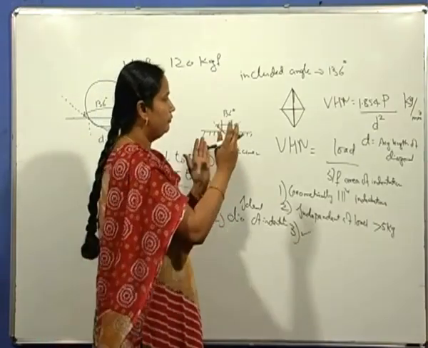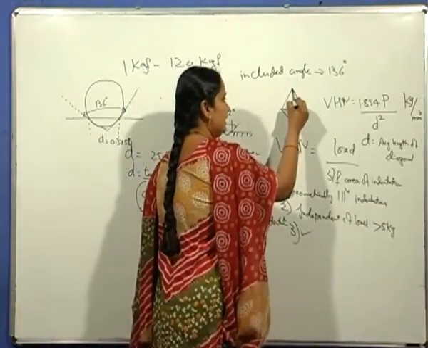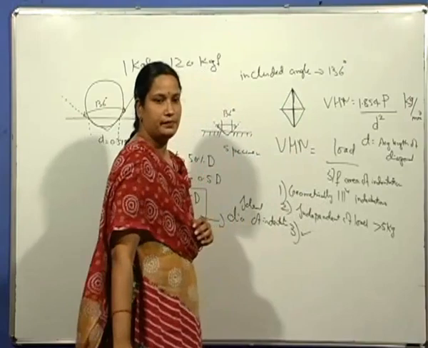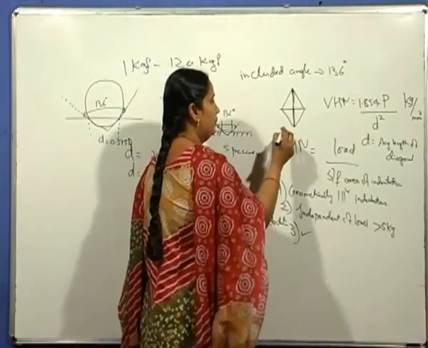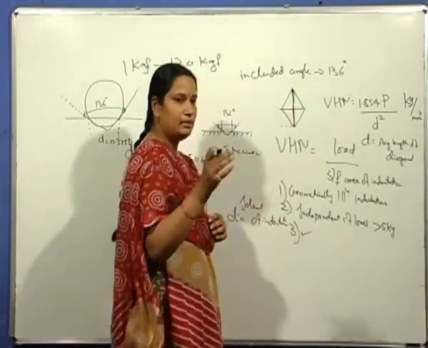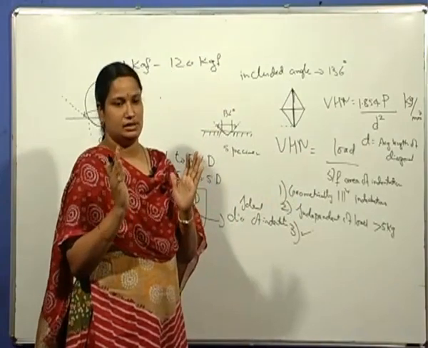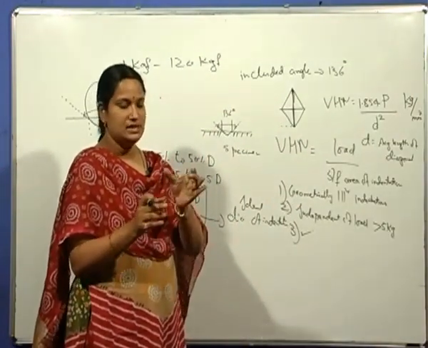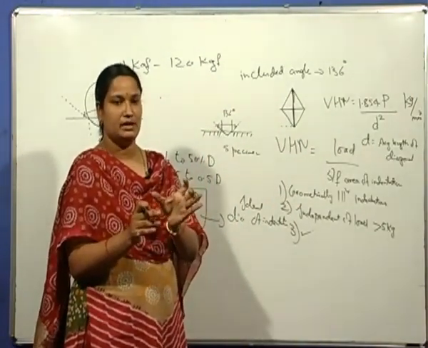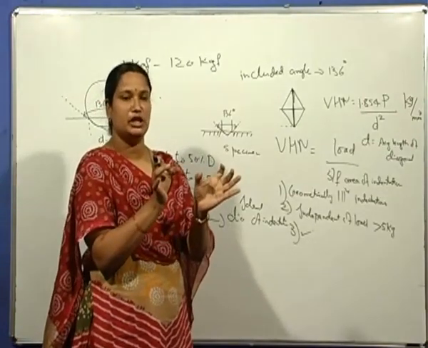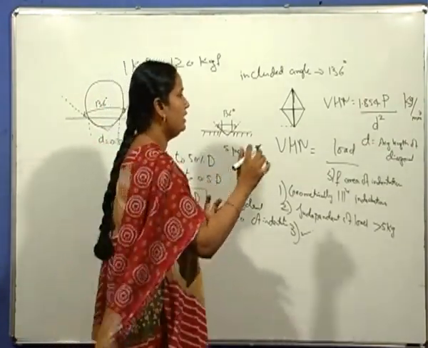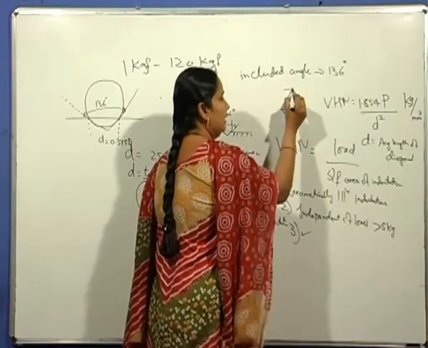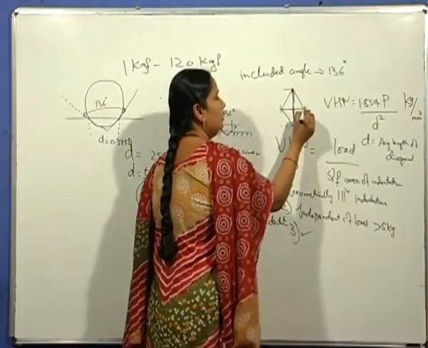Once the indentation is obtained, one has to measure it. There is a microscope in the hardness tester itself. Once the indentation has been made, the objective has to be brought into position, and then one has to measure the lengths of these two diagonals.